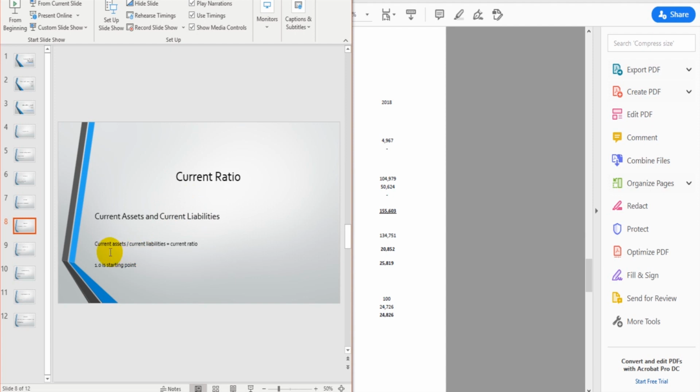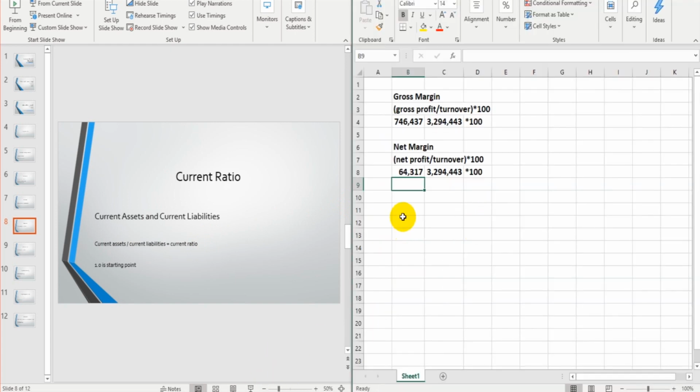So the formula is current assets divided by current liabilities, which gives us the current ratio. So let's have a look at this. Let's bring up the current ratio, which is current assets divided by current liabilities.